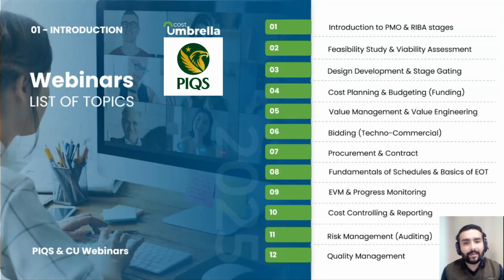Then we have cost planning and budgeting, value management and value engineering, bidding, techno-commercial, procurement and contract, fundamentals of schedule and basics of EOT, then EVM and progress monitoring, cost control and reporting, and then risk management and auditing. Last, we have quality management.